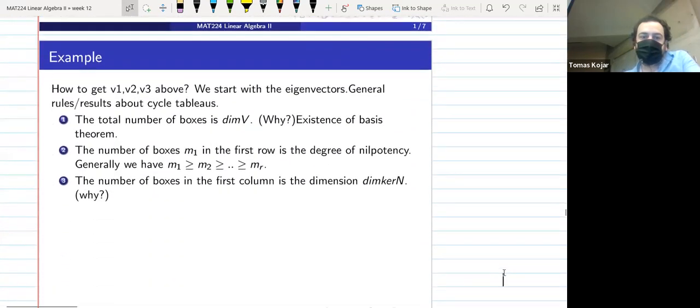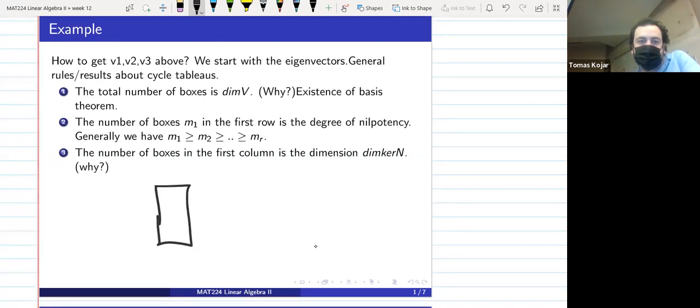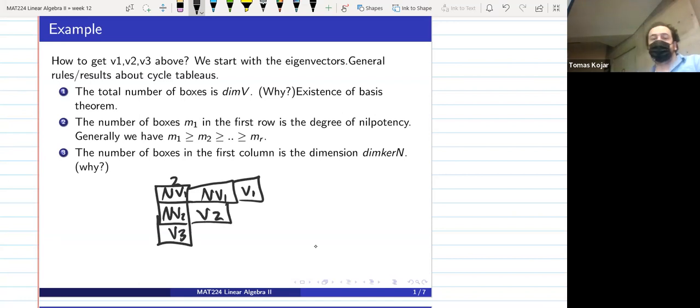What else? Right. So the number of boxes in the first column is the dimension of the kernel. So let me go up to my picture again. We had N squared v1, N v2, and v3, right? That was our picture.